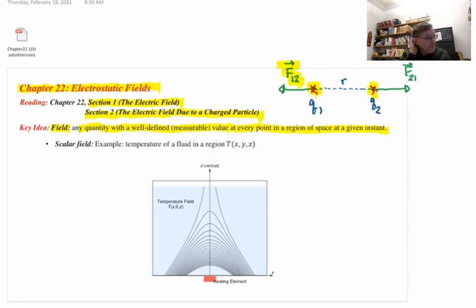Now for us, fields come in two varieties: scalar fields and vector fields. Let's give an example of a scalar field first. Scalars are easier to deal with than vectors, as we know. An example of a scalar field is any region of space where at every point in that region, you're measuring a scalar quantity. An example would be the temperature of a fluid in a certain region.